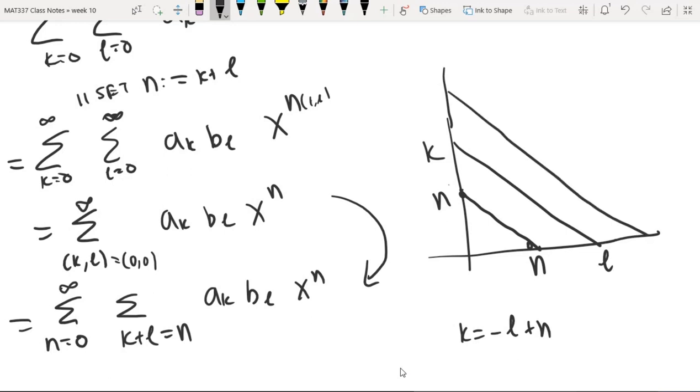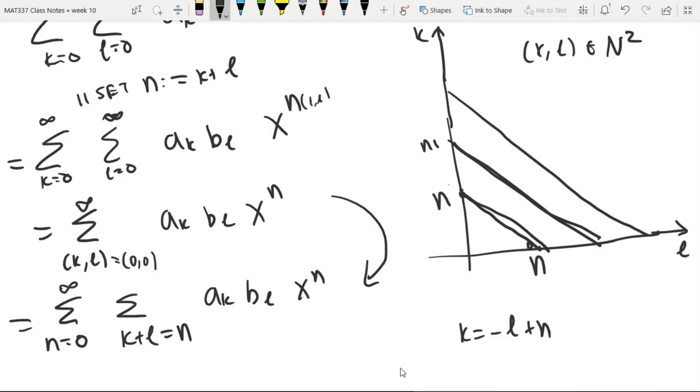So it's quite tricky. It says (k, l) is an element of the naturals squared, and it says split this into these level sets. So you have n equals 0, 1 and 2, and they all fall on these level sets, and that's what we do here.